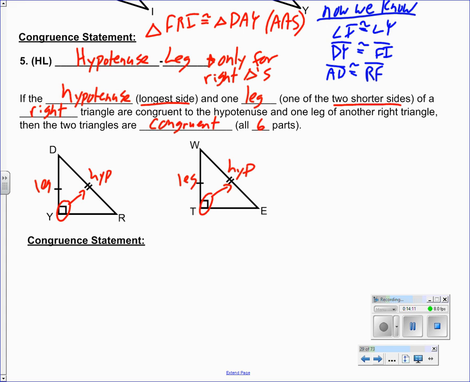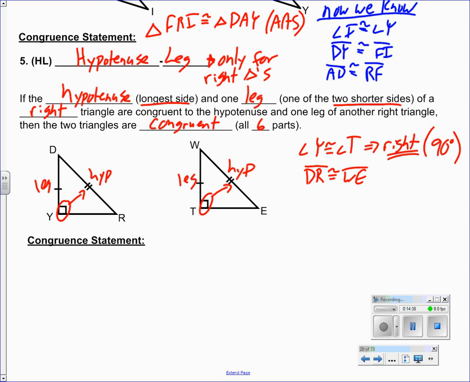We see we have right triangles because angle Y and angle T are both right. Both right angles, 90 degrees. Right, then we see the hypotenuses are congruent. That's DR congruent to WE.